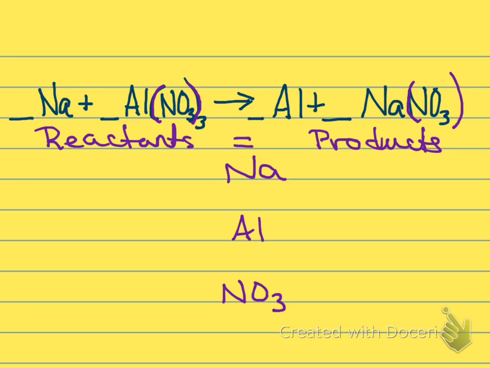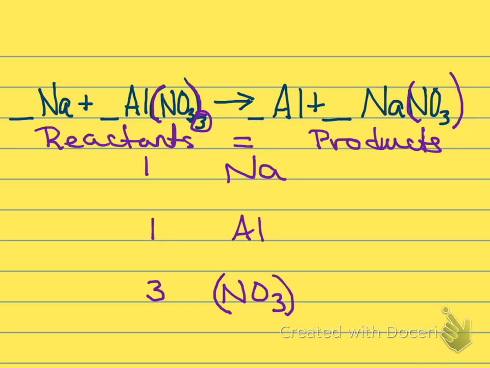Anytime a polyatomic ion occurs on both sides of the equation, you can just keep it together and count up how many of them there are. You don't have to break it down into the individual elements. So let's count. We've got 1 sodium, 1 aluminum, 3, because the 3 is outside of the parentheses, so 3 nitrates.